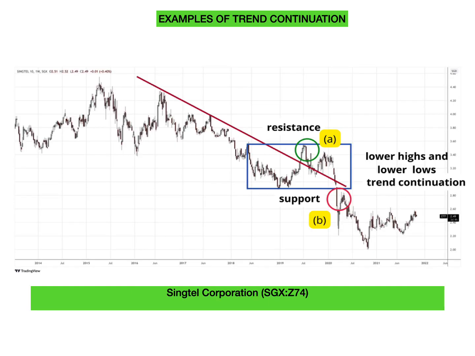So this is the price chart of Singtel Corporation, a telecommunications company listed at the Singapore Stock Exchange. This shows trend continuation. The price was already on a downtrend. It tried to break above the downtrend line at point A. Do we automatically buy into the stock?